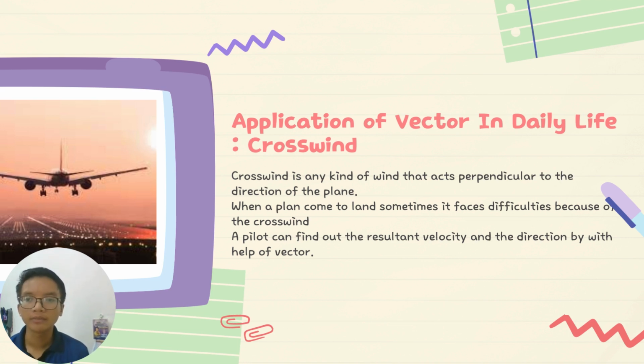This is because a crosswind acting perpendicular to the direction of the flight may tend to turn the plane in another direction from the original one. So the knowledge of vector helps the pilot to move the flight accurately based on the land.